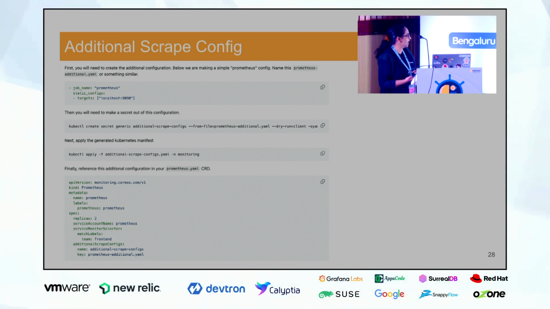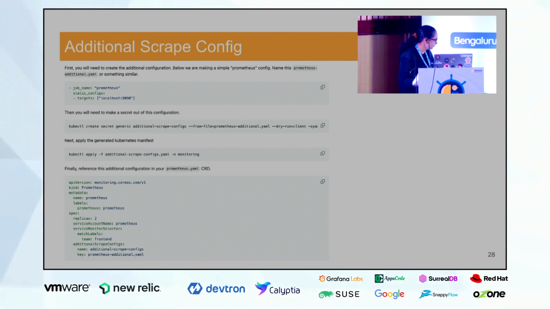Then you have to specify the additional scrape configs in the Prometheus field. The problem with this approach is that whatever you specify in the config field, you are on your own. There is no kind of validation if there is any issue with your YAML or anything.